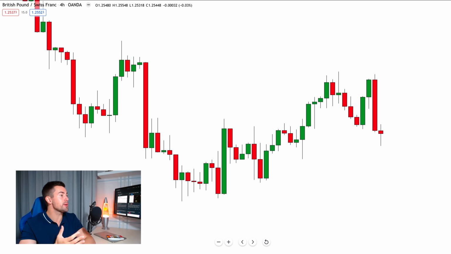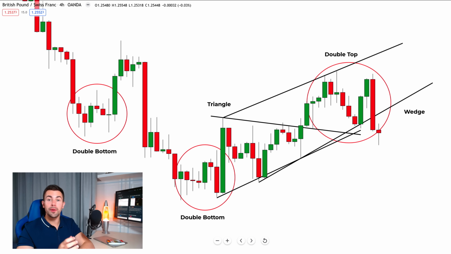Here we have the pound Swiss chart, and again, the chart here looks like a complete mess. But what if we try to recognize here the classic price action patterns? Look what we'll get. Look how many patterns we spotted right here. Look how many price action patterns we identified. And once you train your eye to recognize the price action patterns, you will see them everywhere.